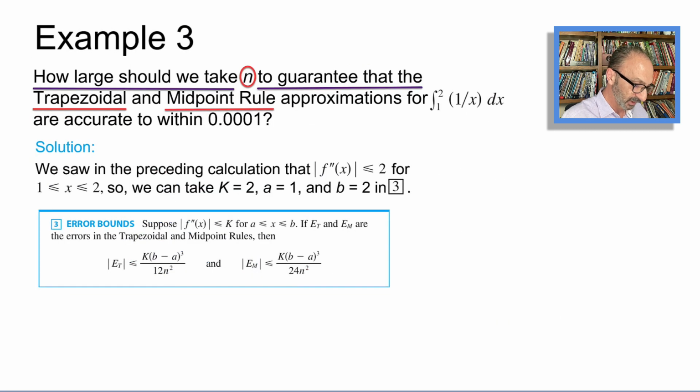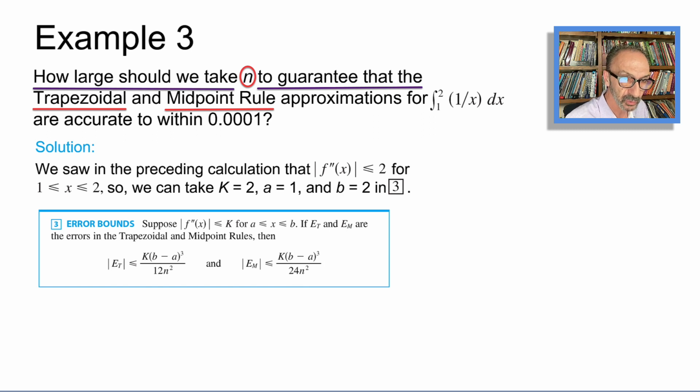Moving on. This is more interesting. Example number 3. It says, how large should we take n to guarantee that the trapezoidal and the midpoint rule approximations for the integral from 1 to 2 of 1 over x dx are accurate within 0.0001? To do this problem, we're still using the same formulas, but this time we're looking for n.